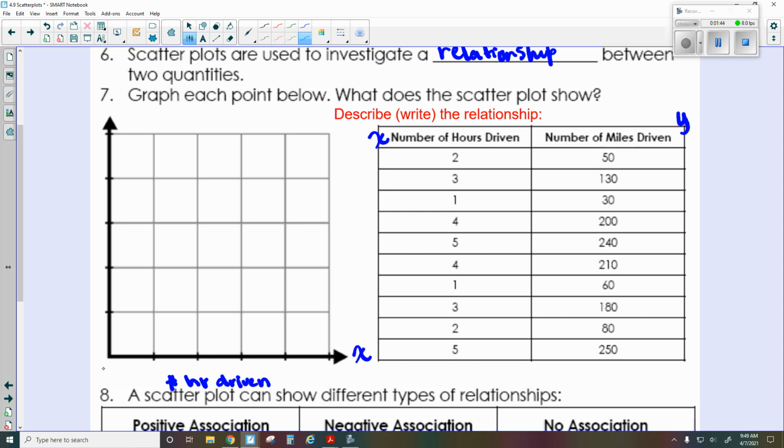And we can label that as 0, 1, 2, 3, 4, 5. And then this is our Y-axis that's going to represent number of miles driven.